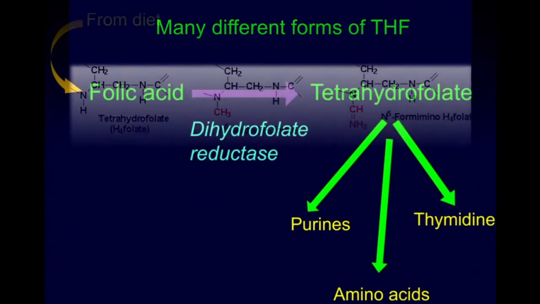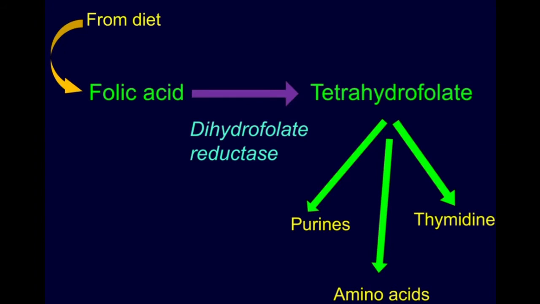Very important to appreciate this role of tetrahydrofolate. Note the 3 processes it is involved in. Purine synthesis, purine nucleotides. That means without THF, you cannot synthesize adenine and guanine nucleotides. That's ATP, GTP. Without THF, you cannot synthesize thymidine. And without THF, you cannot resynthesize methionine.